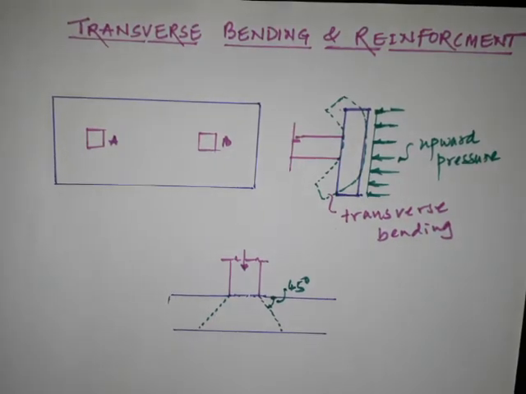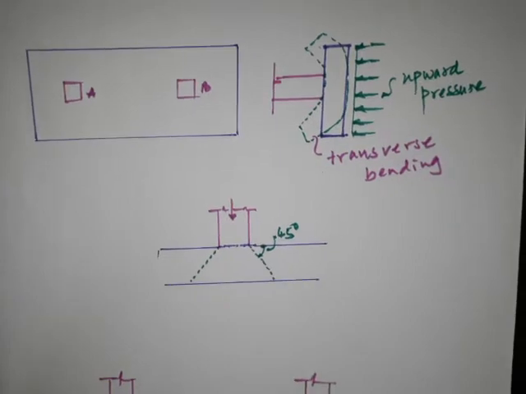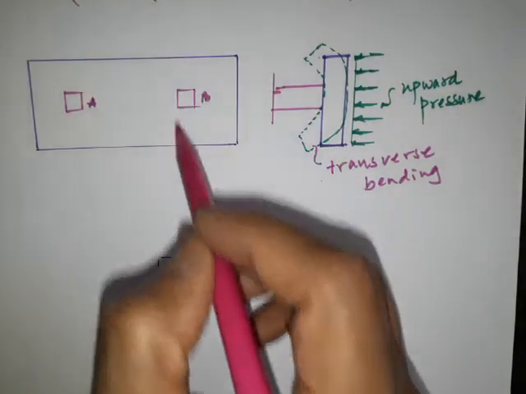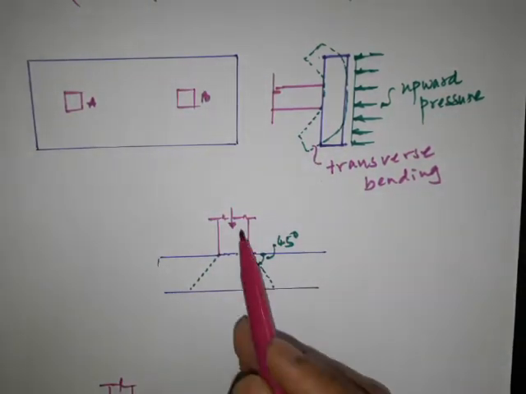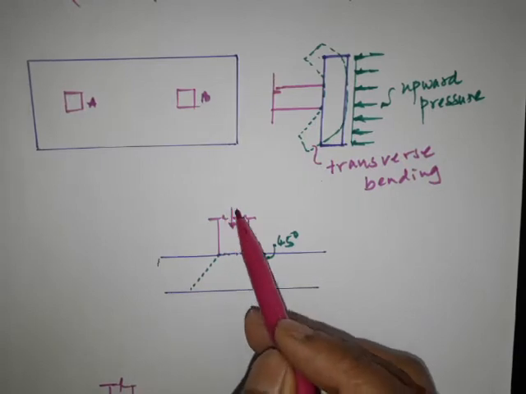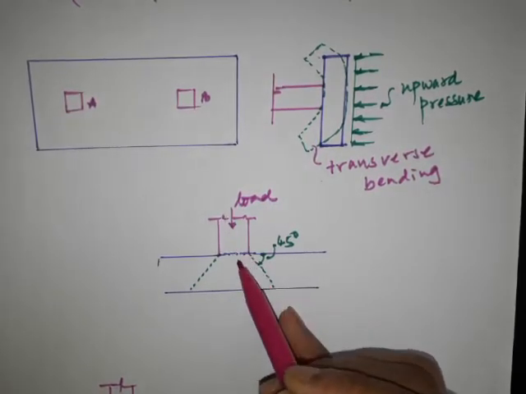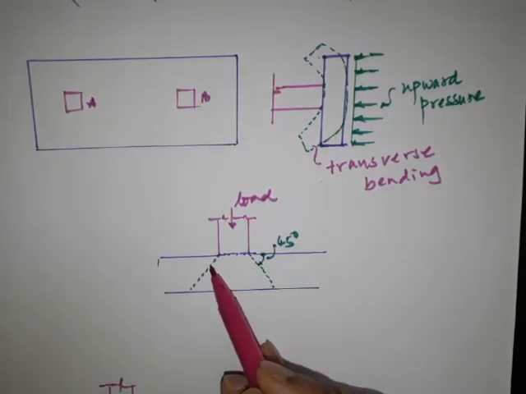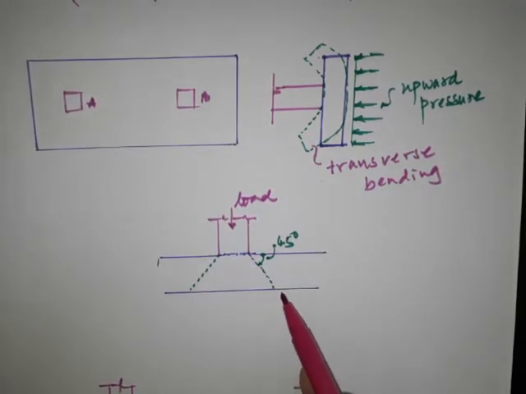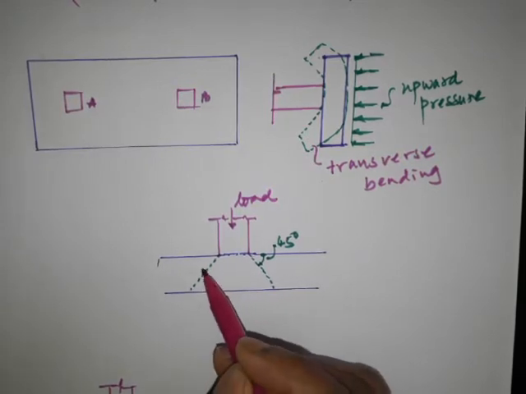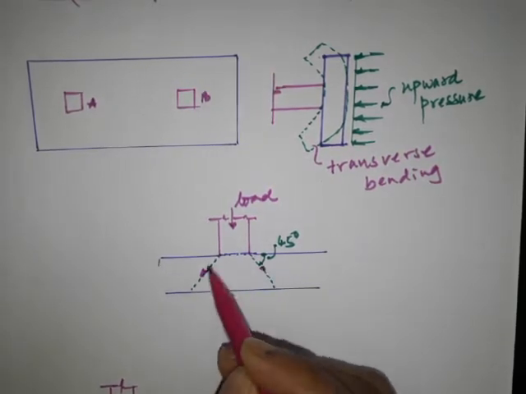For the transverse bending, if I take out a section here and elaborate, when the load through this column acts over the footing, that load will get dispersed at an angle of 45 degrees, as already I told you how the force will get dispersed.